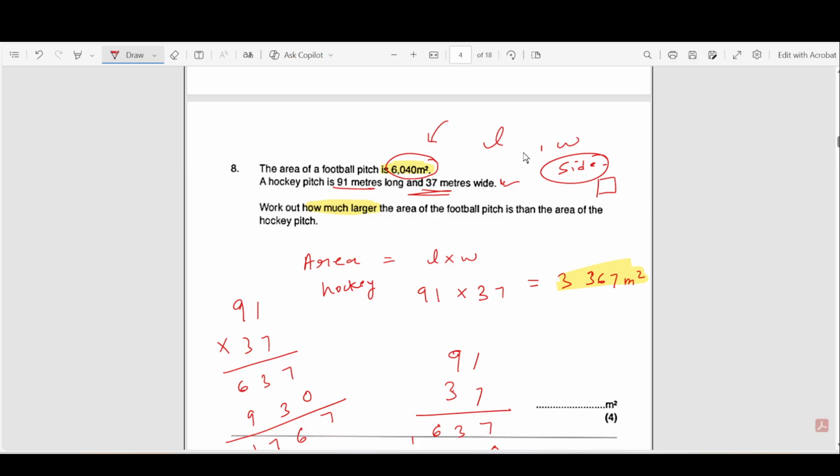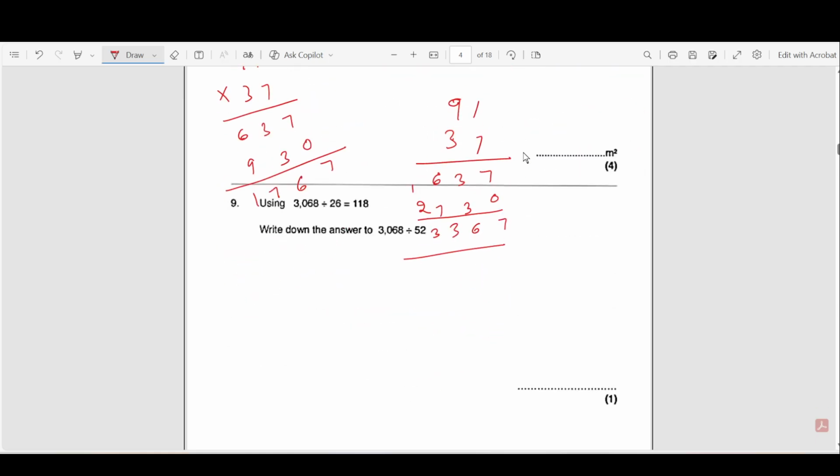Let's do the subtraction. 6040 minus 3367. If we subtract it, we'll get 2673 meters square. That means the football pitch is 2673 meters square larger than the hockey pitch, right?